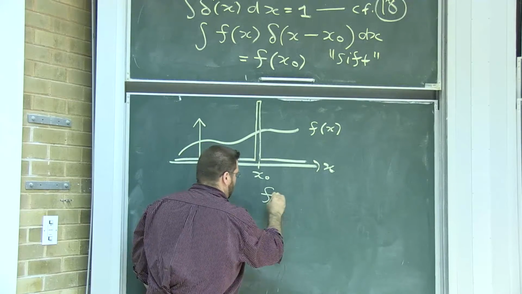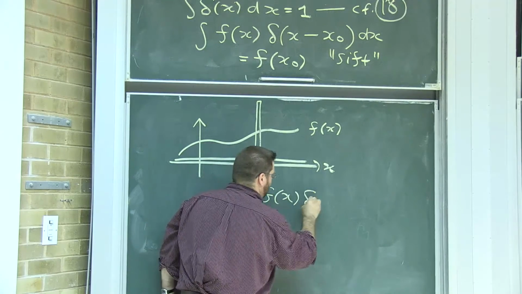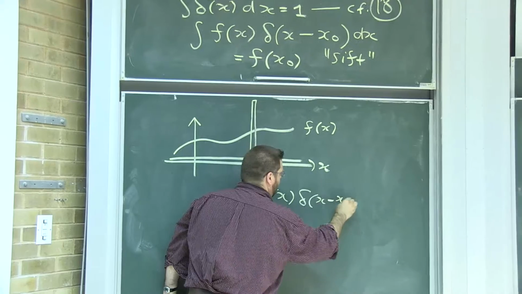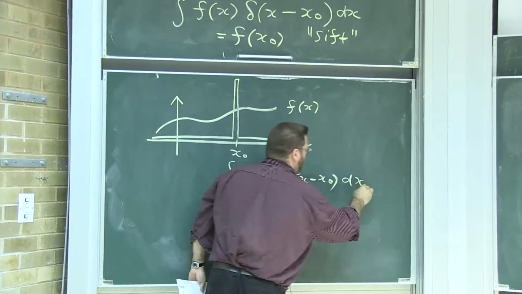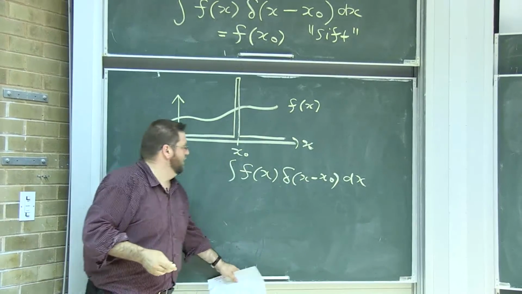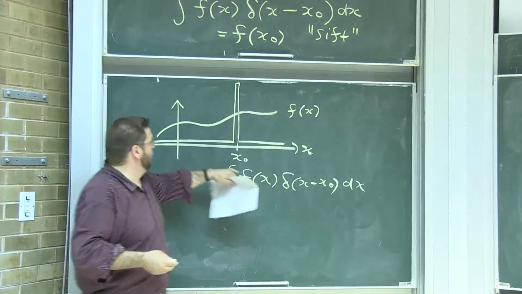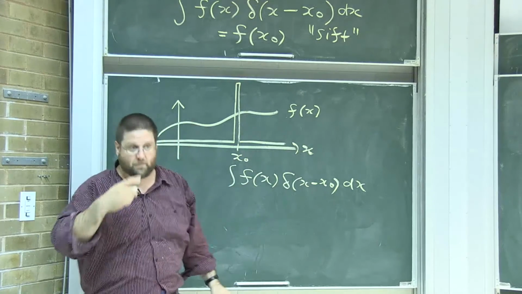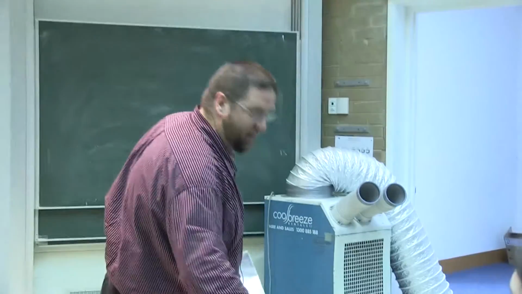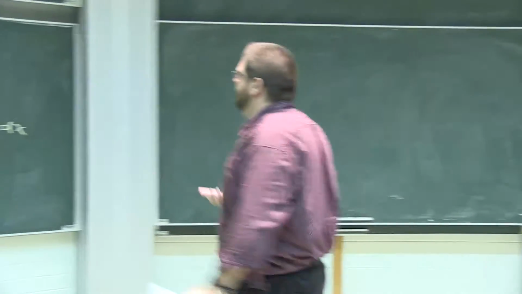All right, here's f of x. Here's our Dirac delta. Here's the integral we want to determine. So I'm going to do something now. We've got the product of f of x with the Dirac delta, and my question to you is, how can I justify doing the following?